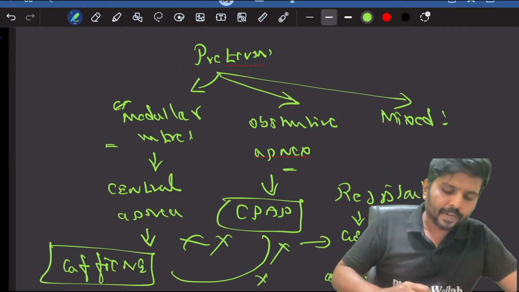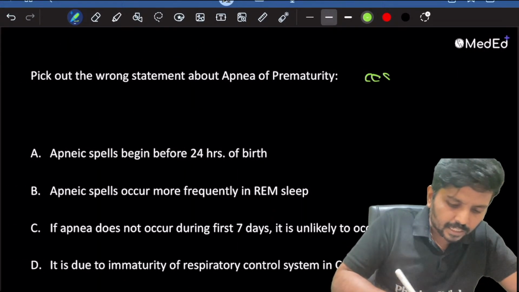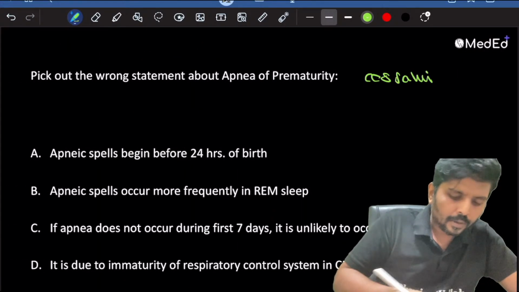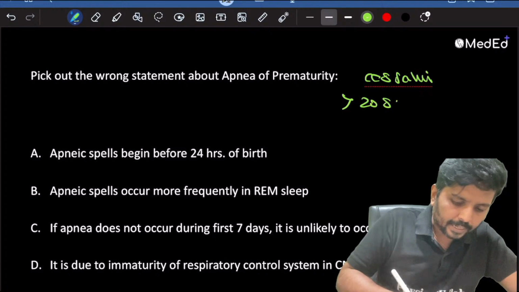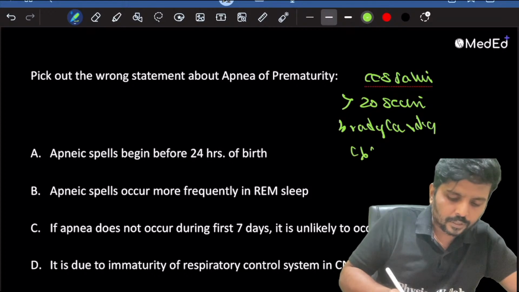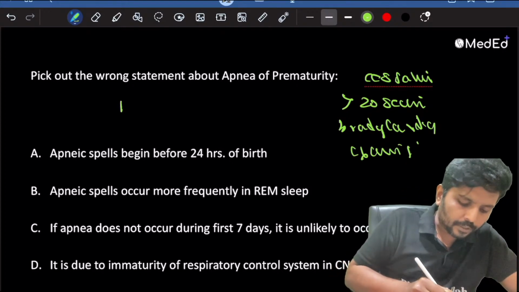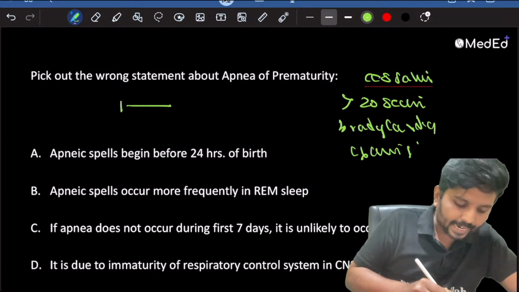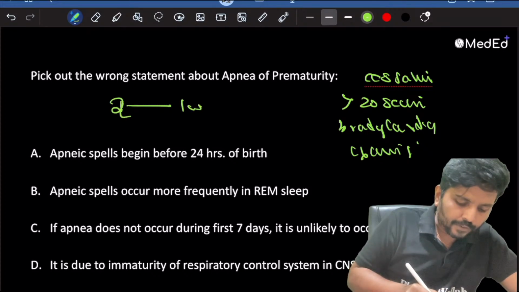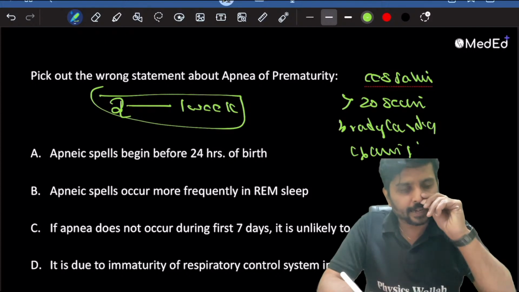So define apnea of preterm. Cessation of breathing for more than 20 seconds along with bradycardia and cyanosis is called apnea of preterm. Remember, apnea of preterm is common between second day to first week. Never ever occurs in the first day of life.